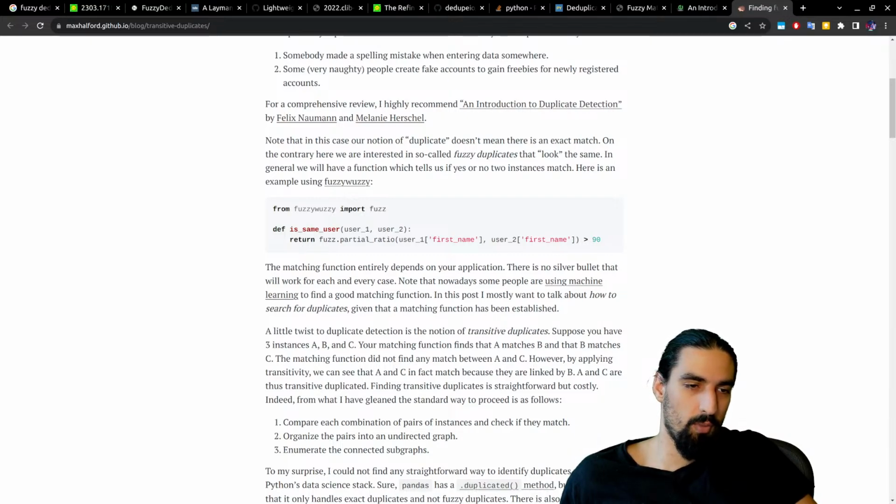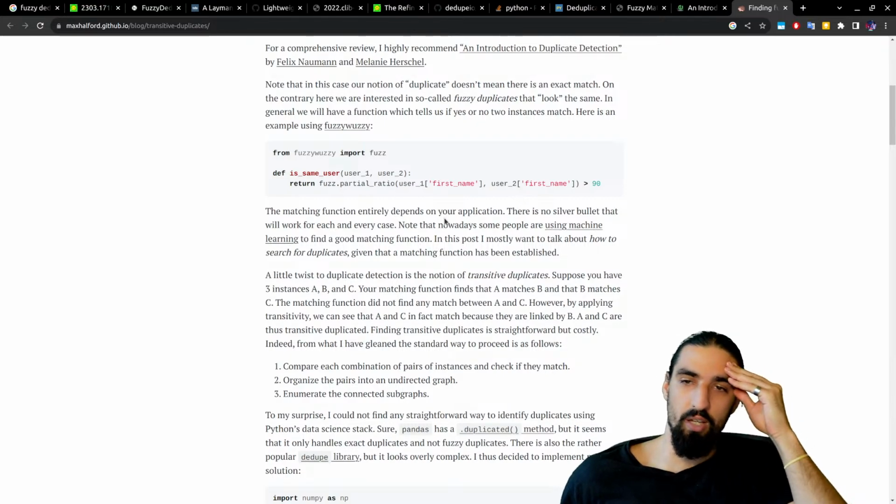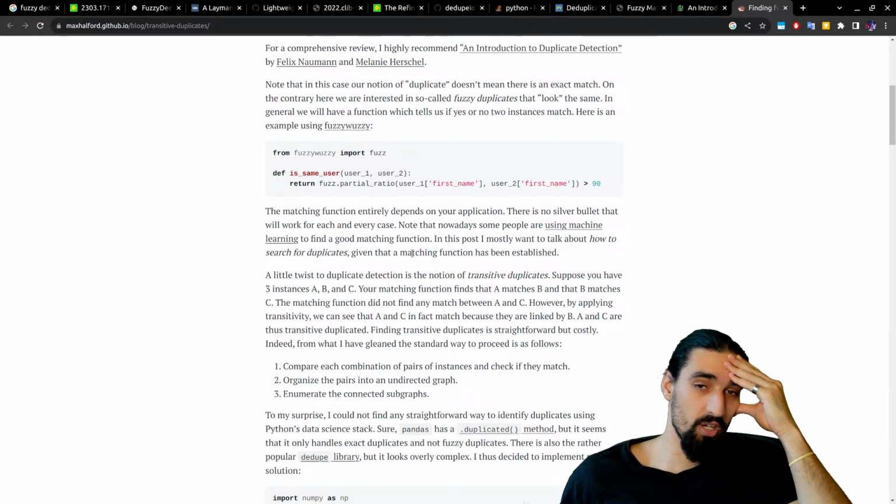When it comes to papers, the first place I look is GitHub. Yeah, we have some GitHub profiles open. The matching function entirely depends on your application. There is no silver bullet that will work for each and every case.